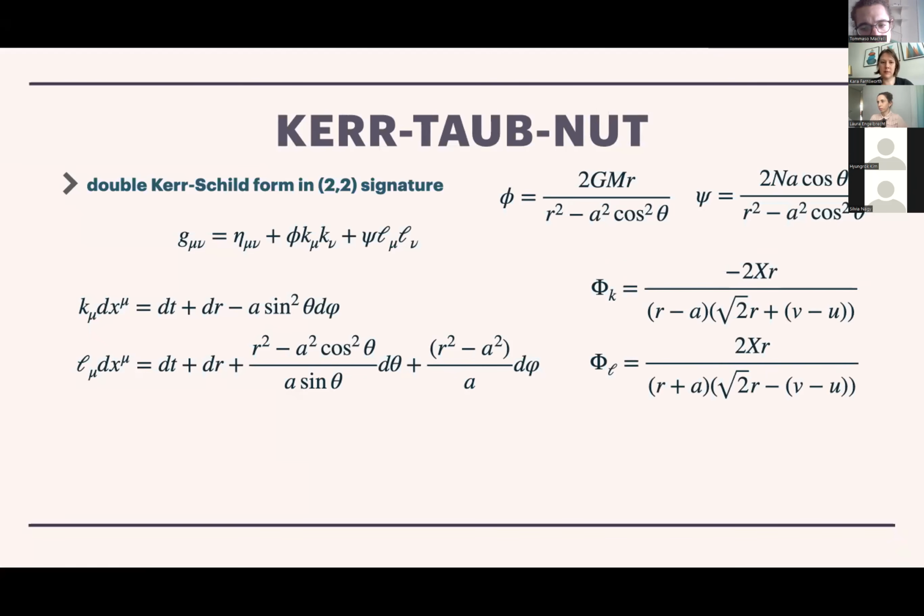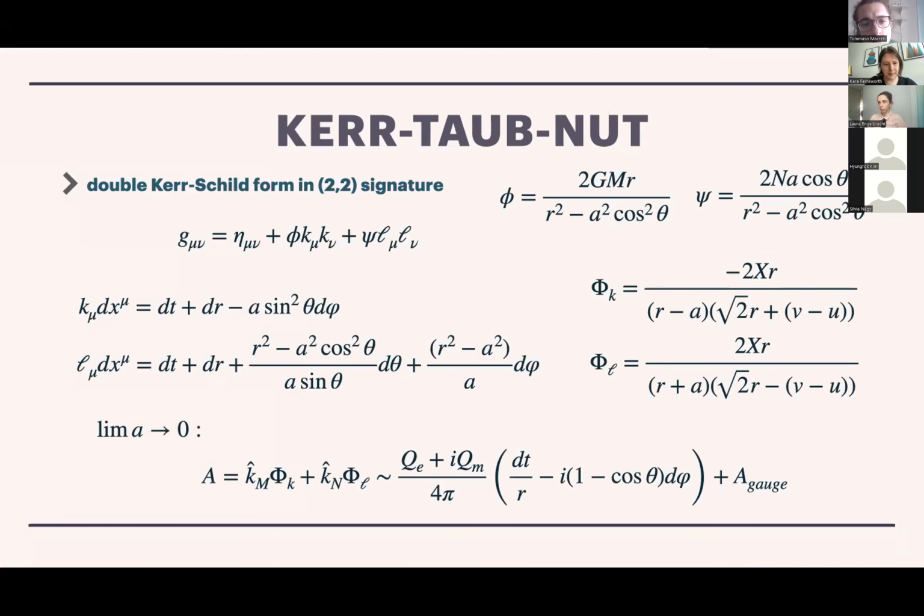X here is sort of the analytic continuation of my zeta coordinate from earlier, since I'm in 2-2 signature now. And I'm going to look at the a equals 0 limit of this because it's simpler to see. But if I act K hat on my electric charge times phi K, and my K hat on my NUT charge, so that's the magnetic charge, times my phi associated with the NUT vector, it gives me exactly what you would expect, which is the Q_E plus i Q_M times the self-dual dion kind of a thing.